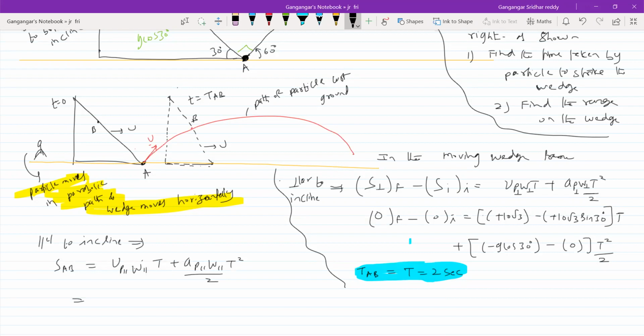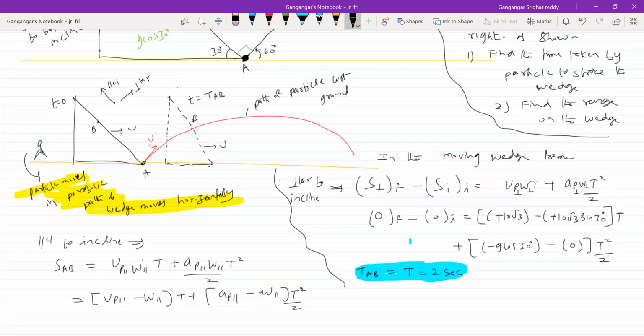So let's go for u parallel minus w parallel t, a parallel minus w parallel t square by 2. So what do you mean by parallel? This is the parallel, this is the perpendicular.